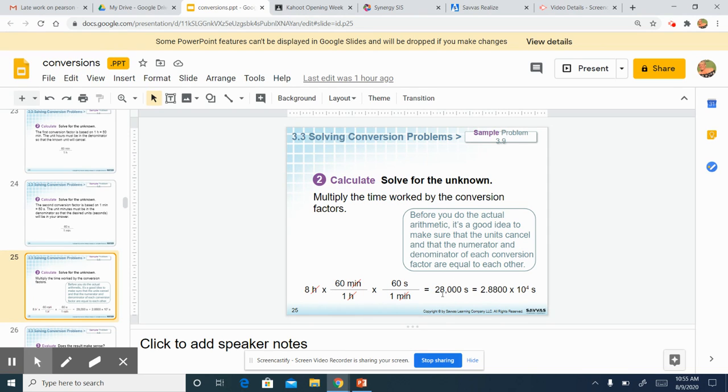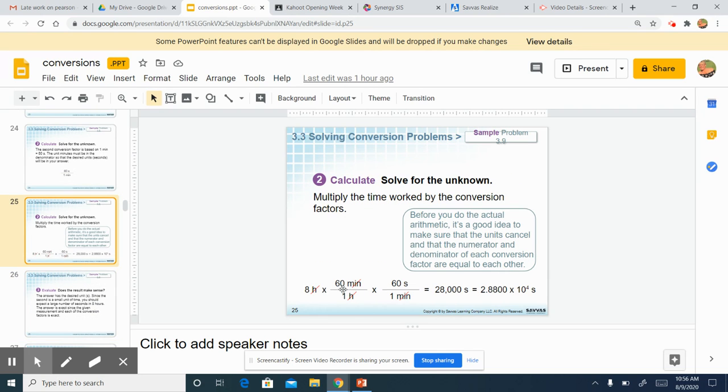It should be 28,800 seconds, and they've got then in scientific notation 2.88 times 10 to the fourth. So they left the 8 out here. But when you multiply everything across the numerator and then divide it by everything multiplied in the denominator, you would get 2.88 times 10 to the fourth, or 28,800.